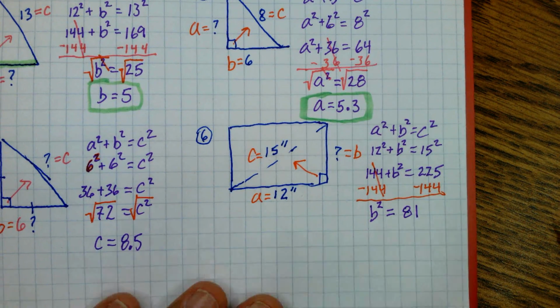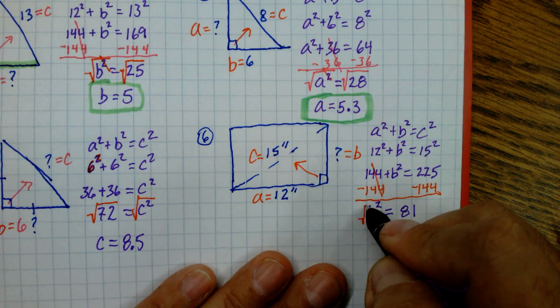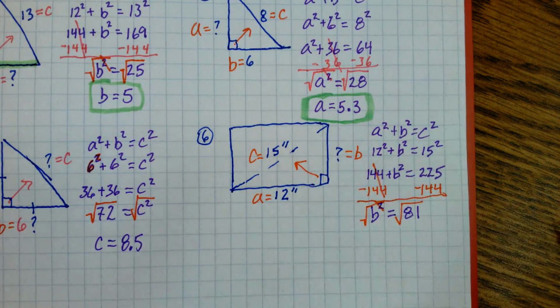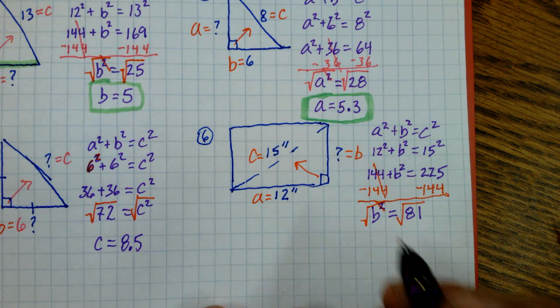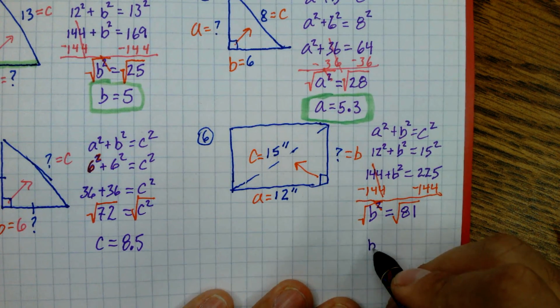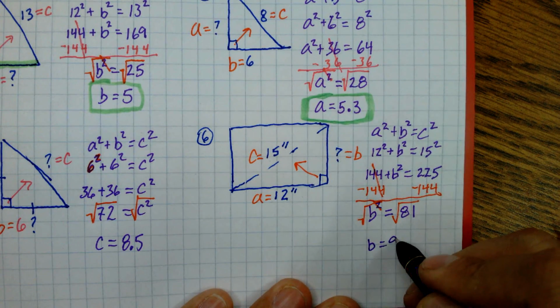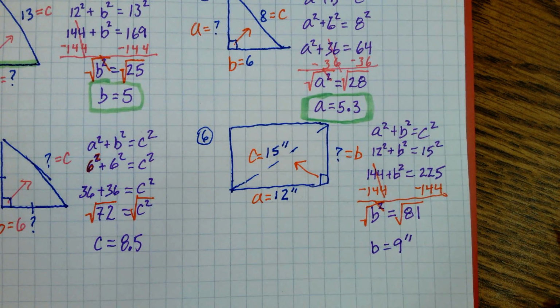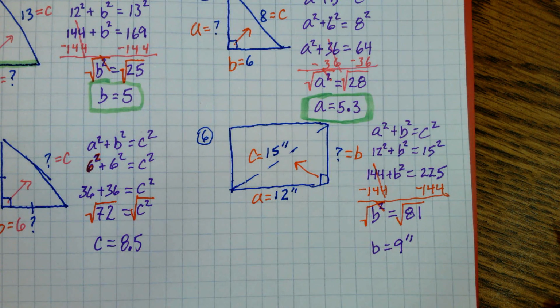Oh, I wrote it wrong. So we'll take the square root to figure out what b is. What's the height of that? They'll say it's 15. Okay, so there you go.